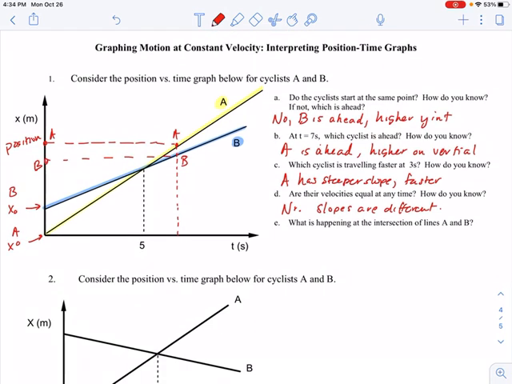What is happening at the intersection of lines A and B? Well, B started ahead of A, but A is traveling faster and passes B. So A passes B right there at 5 seconds.